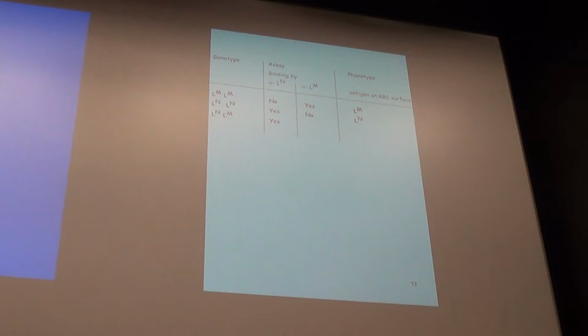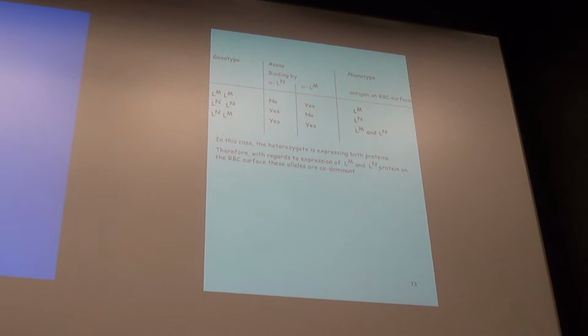If you are heterozygous, LM-LN, the LN antibody will bind, the LM antibody will also bind, and you will conclude that the phenotype of this individual is they have antigens that are producing LM and LN simultaneously. And so these will be codominant phenotypes. The heterozygous is expressing both proteins, and therefore with regards to the expression of the antigens, they are codominant.